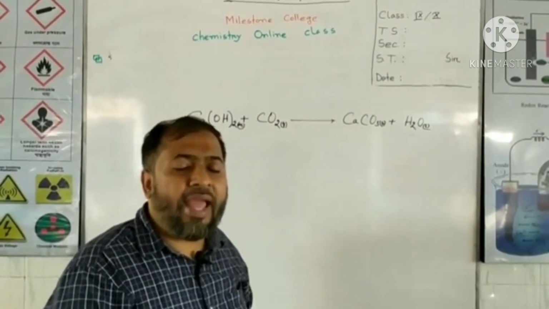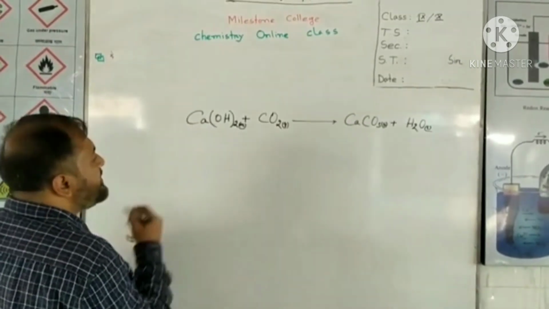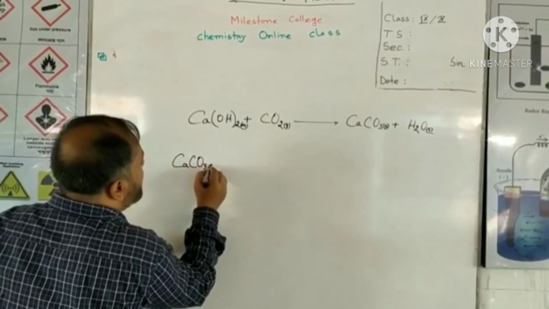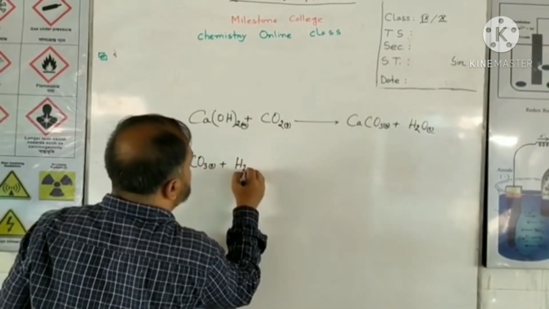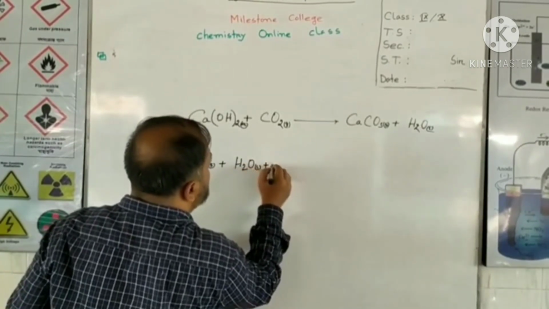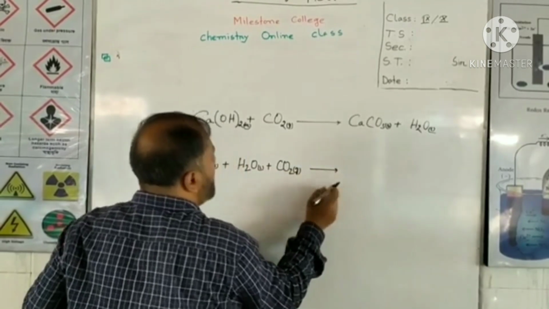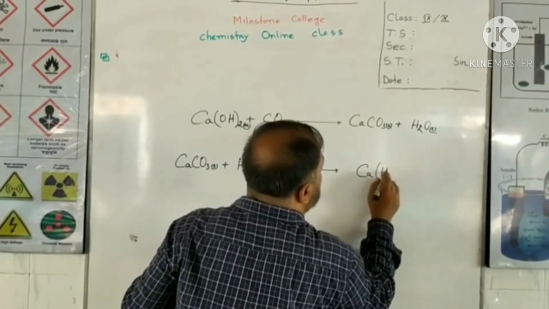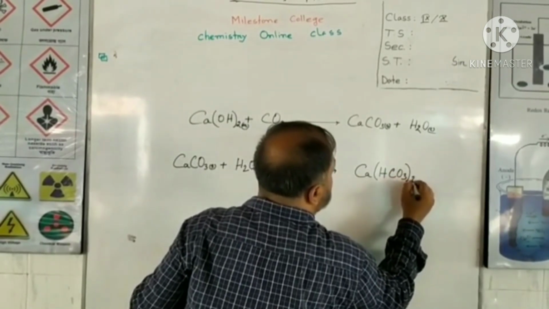Now, when we add extra carbon dioxide gas, what happens? We can see that after adding extra carbon dioxide gas, it produces calcium hydrogen carbonate or calcium bicarbonate.